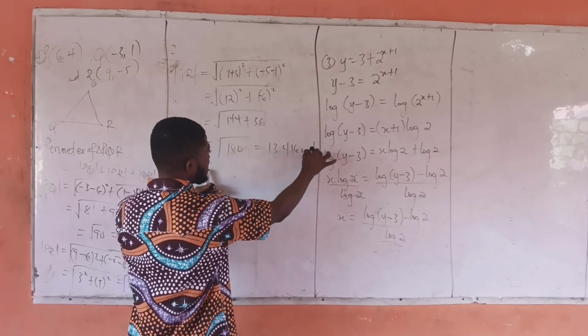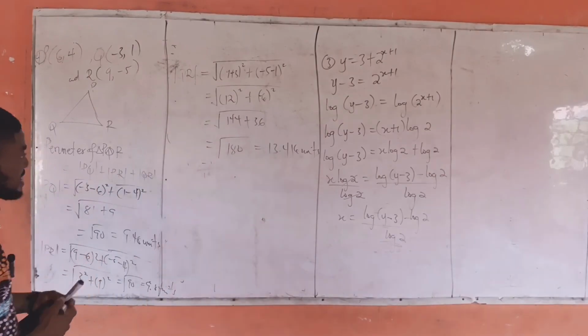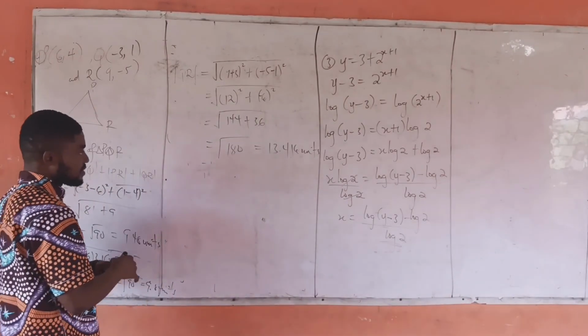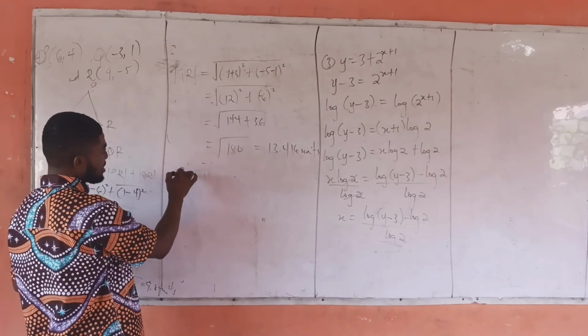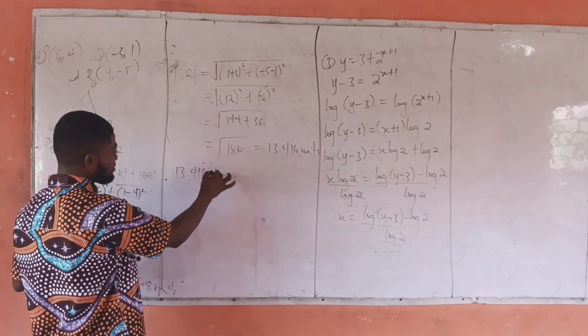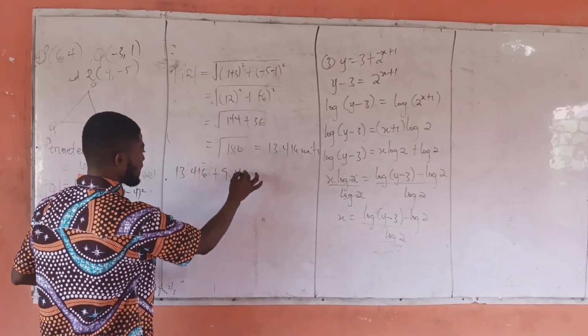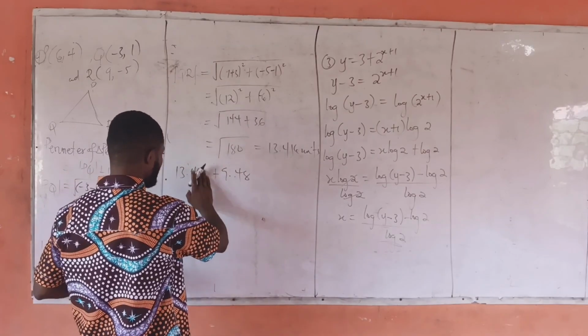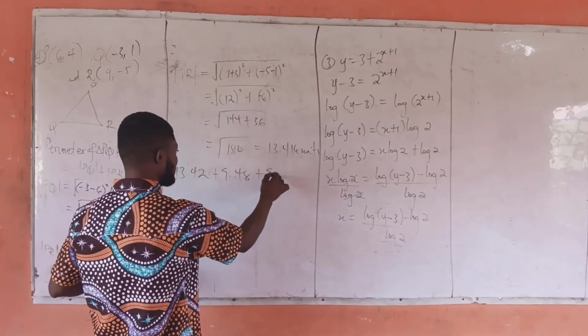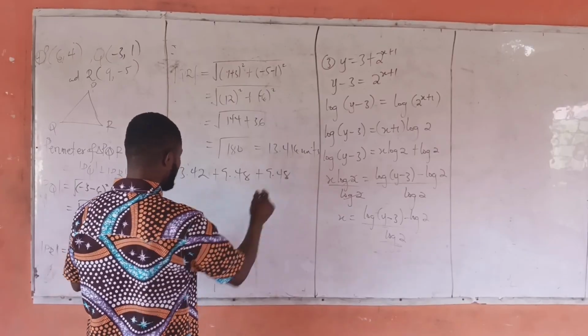Root of 180 is 13.416 units. Now the perimeter is going to be a summation of all, which would now give us 13.416 plus 9.48 plus 9.84.